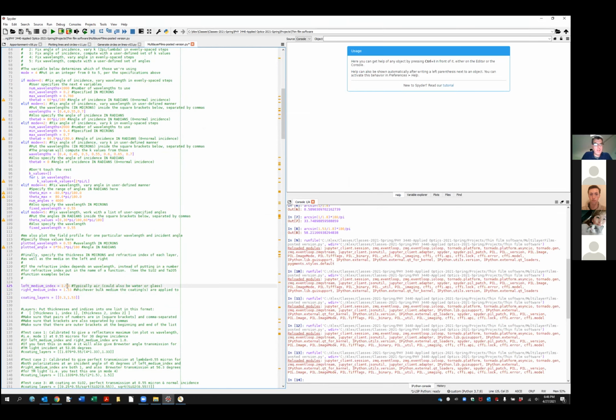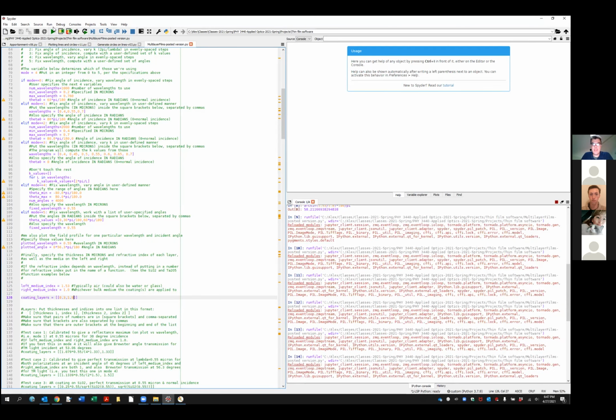Let's just do glass on the left, air on the right, and air in the layer. We can do that, okay? So the layer will have a thickness, but it's made of air, and then it touches air, so it won't really matter. And let's just plot that.